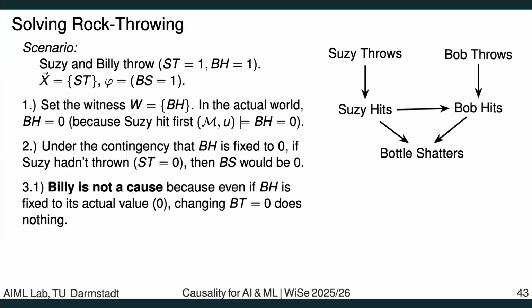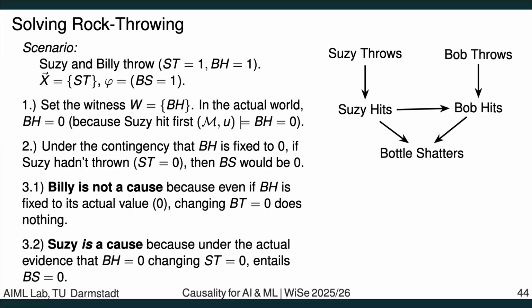If we intervene on Bob hitting, we cut the relation to both of the parents, so to Susie hitting and Bob throwing, and therefore we cut off the effect or the path from Bob throwing to the bottle shattering. And Susie then is the cause under this framework.